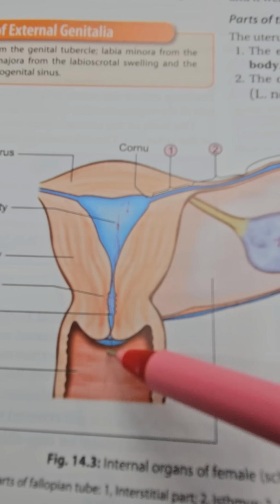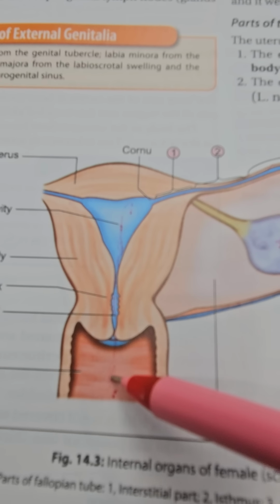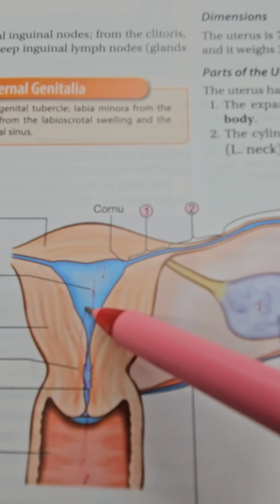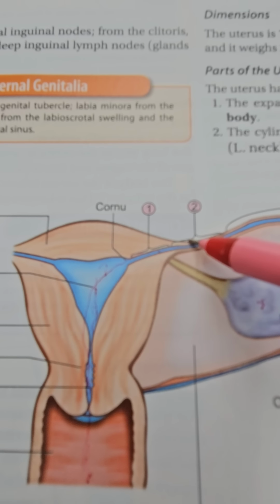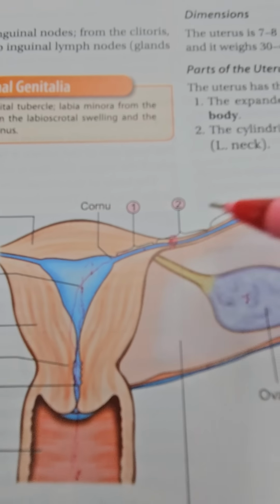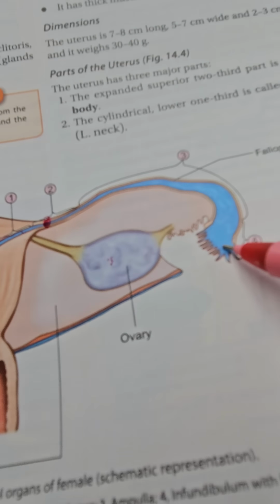When one sperm from the male partner enters into the vagina, it enters into the cervix of the uterus and meets with an ovum within the fallopian tube. One ovum comes out, enters into the fallopian tube.